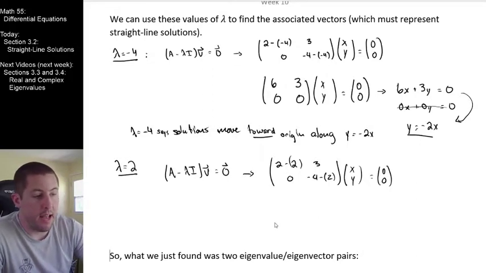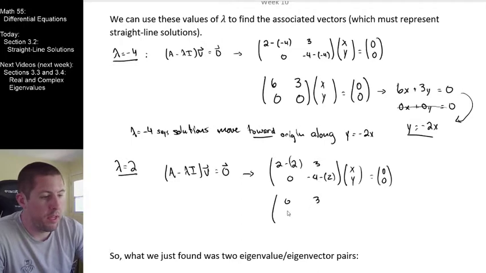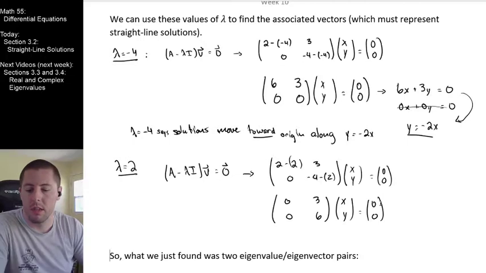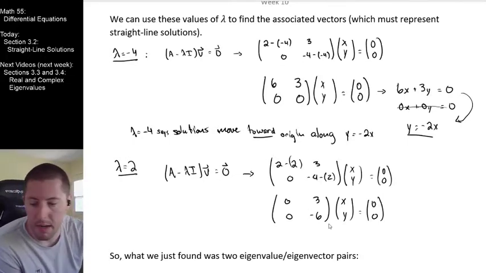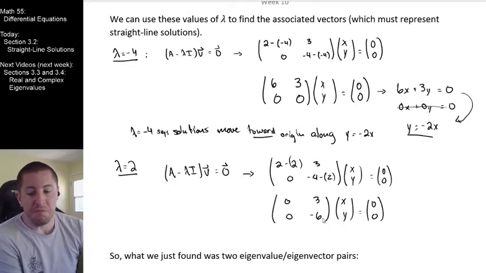Notice in this case now it looks like up top I'm getting 0, 3, and 0, negative 6 times x y equals 0, 0. So this one's a little bit weirder right here, but that is going to end up not really mattering to me right here.